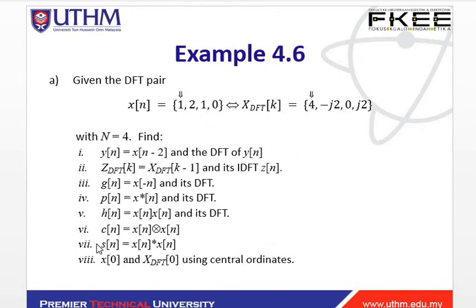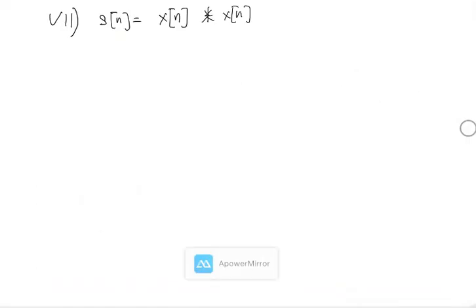Next, we look at question 7. Sn equals xn convolved with xn. This one is a regular convolution, and the other one is a periodic convolution. So xn convolved with xn is the regular convolution.